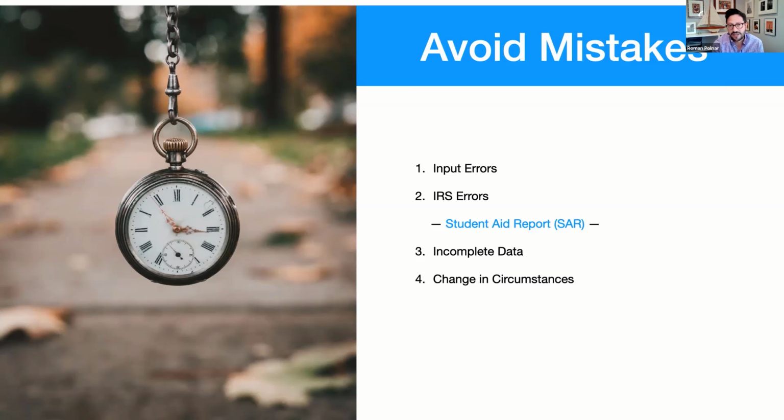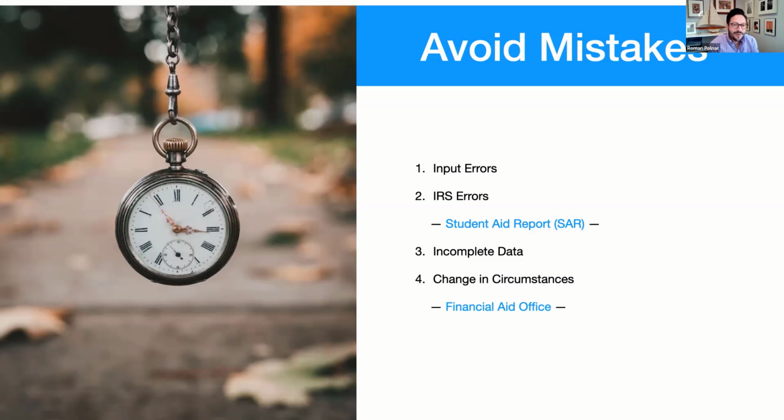Maybe it's a financial change of circumstance, job loss, income reduction, moving expenses. Well, if you've already completed the FAFSA and you have some change in circumstances, at that point, you need to do something different. And that is, you got to reach out directly to the financial aid office to let them know that things have changed from the time when you submitted the FAFSA.